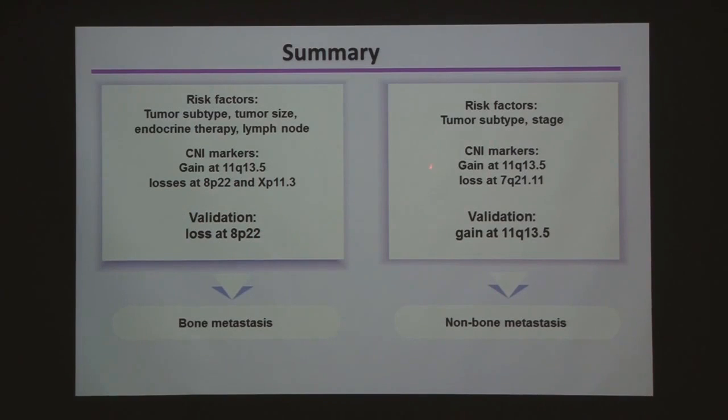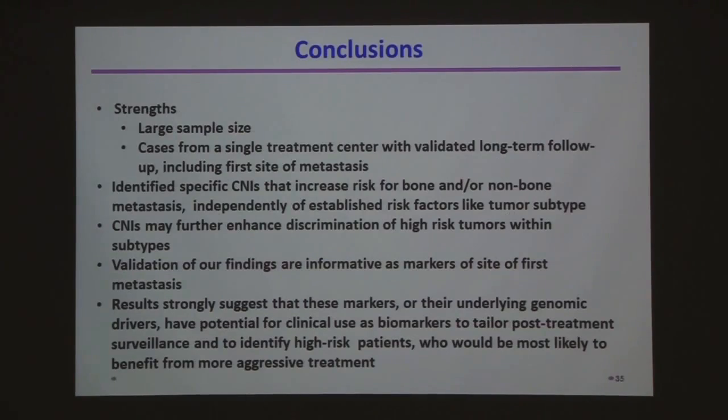And for the non-bone metastasis, we had slightly fewer clinical factors, tumor subtype and stage, these two markers, and we were able to validate this particular gain in the validation set to predict non-bone metastasis. So in conclusion, we had a very large sample size.